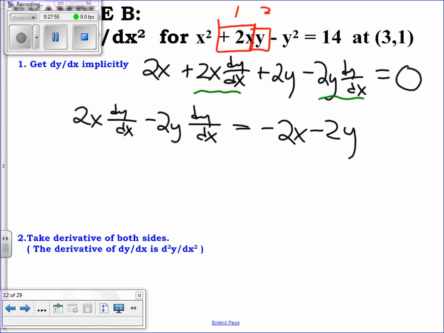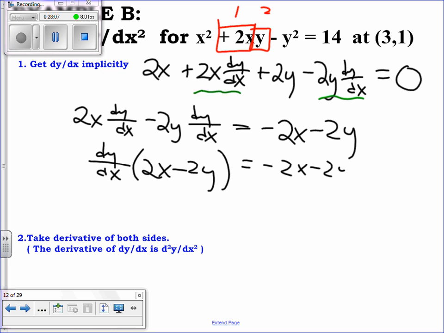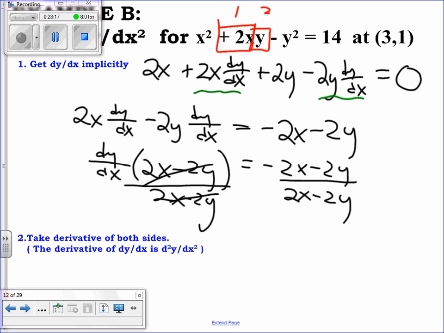And then we can divide out the dy dx and divide. Sometimes I like to do it all in one step, but I won't. Now I'm dividing. Now that's our first derivative.